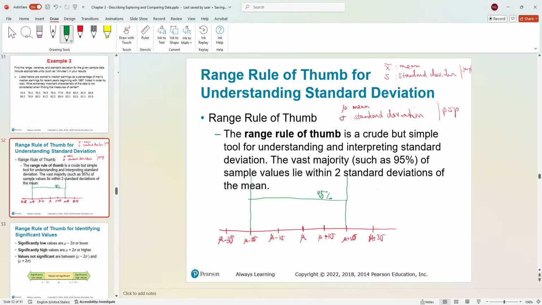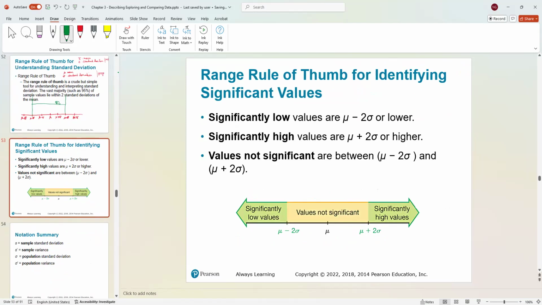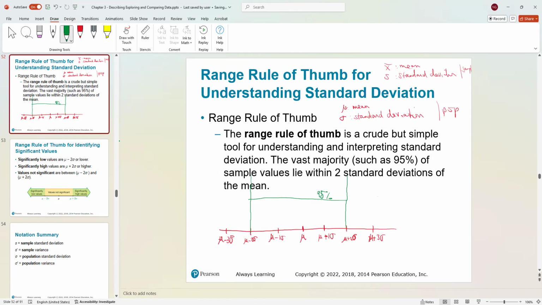The concept of significance that follows will enhance the rule of thumb for identifying significant values. Significantly low values are two standard deviations below the mean or lower. Significantly high values are two standard deviations above the mean or higher. Values not significant, everything that falls between these, we say is neither significantly low nor significantly high.